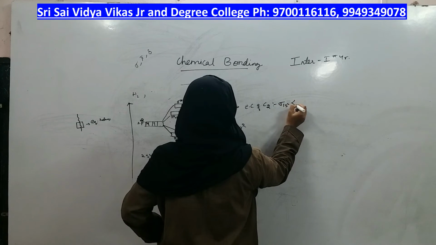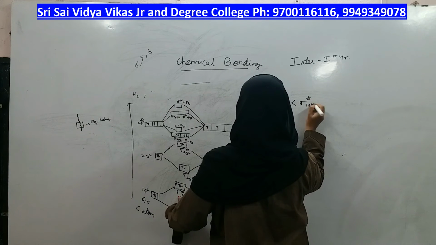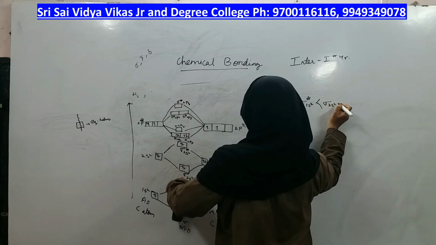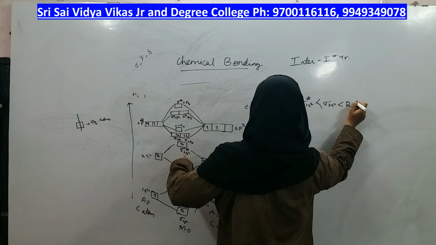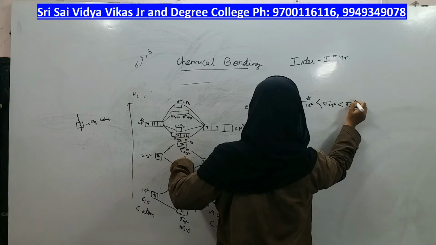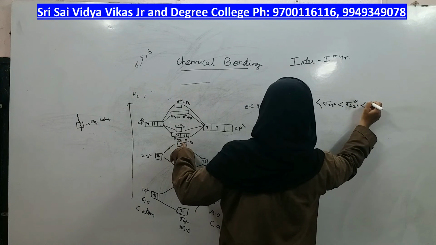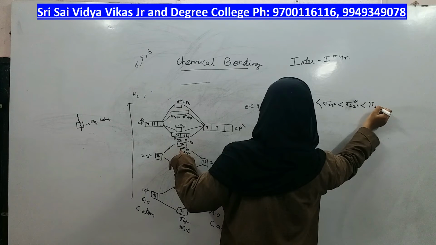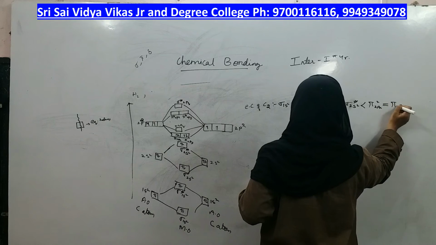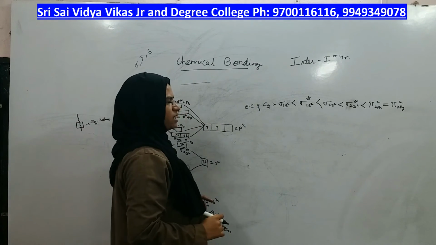Sigma 1s2, then sigma star 1s2, then sigma 2s2, then sigma star 2s2, then pi 2px 2 and pi 2py 2. This is the electronic configuration of the carbon molecule.